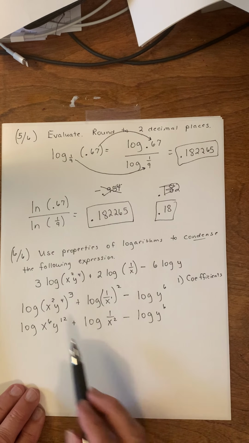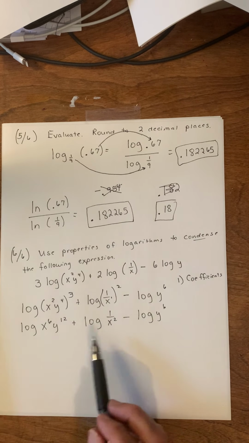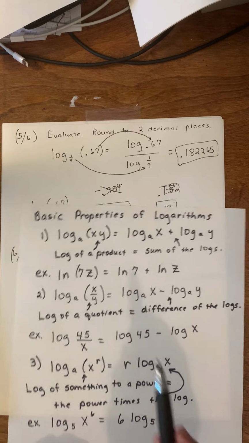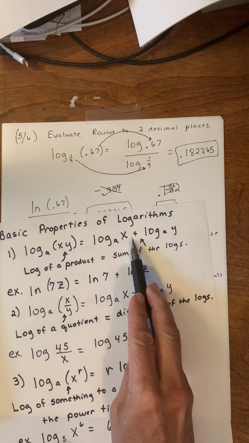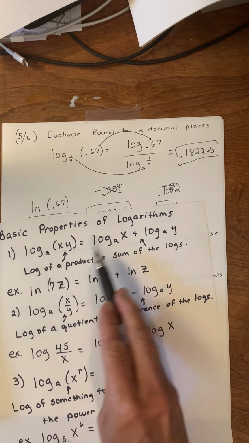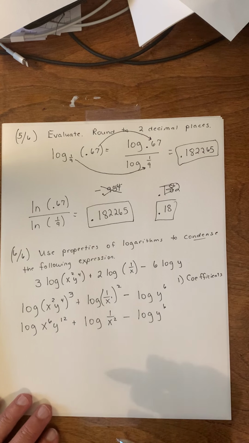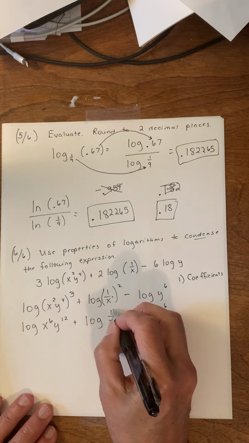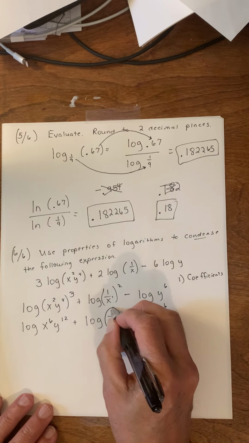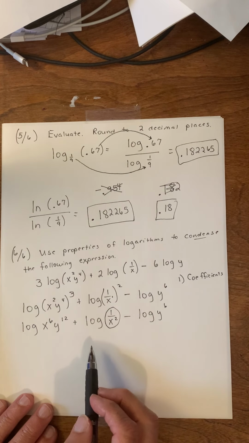Now, I've got the sum of 2 logs. The sum of 2 logs tells me I'm going to express this as the log of these 2 things multiplied, a product. But before I do that, I'm going to change this to a more convenient expression so I can multiply straight across.